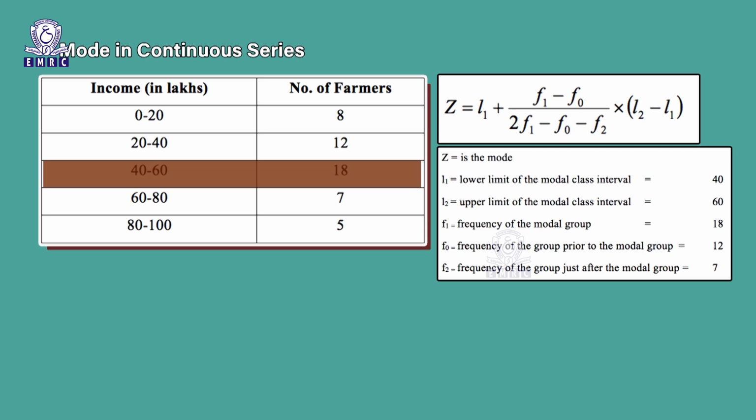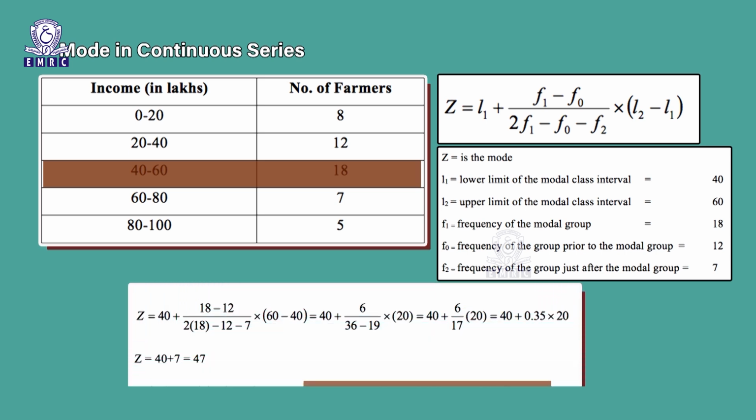By replacing these values in the formula, Z is equal to L1 plus (F1 minus F0) divided by (2F1 minus F0 minus F2) into (L2 minus L1), we can calculate the modal value.